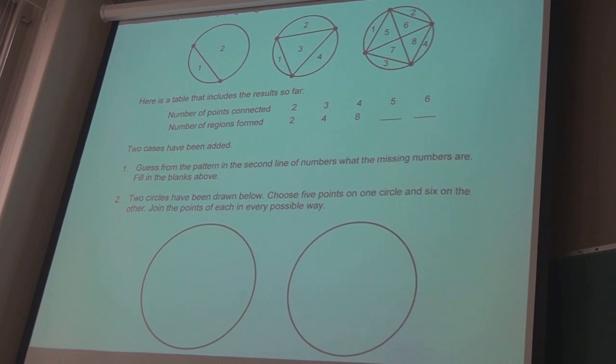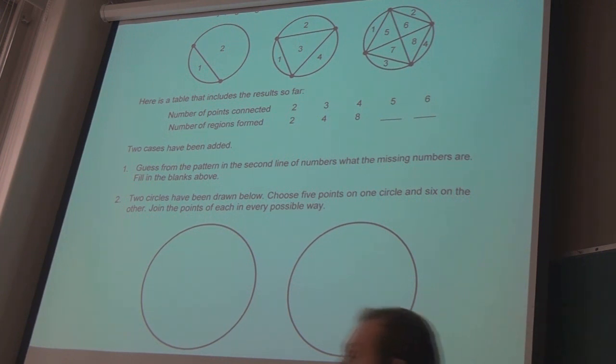Oh, you have to give people a chance. So we have dots or points: 2, 3, 4, 5, 6. And the regions: 2, 4, 8. And we have to find the other ones.